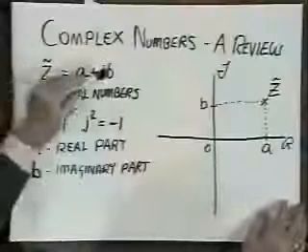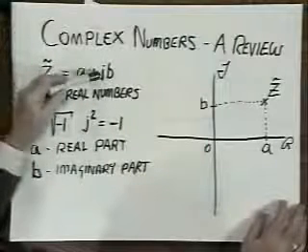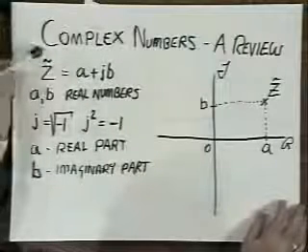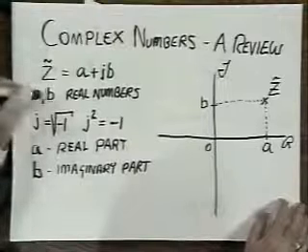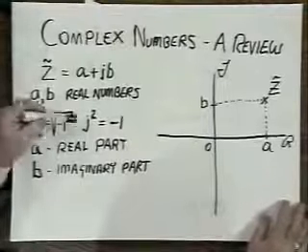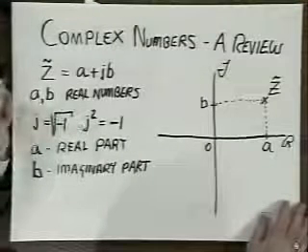A complex number can be represented as A plus JB, a real part plus J times an imaginary part. A and B are real numbers, and J is the square root of minus 1, or J squared equals minus 1.